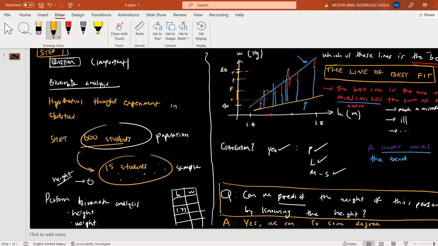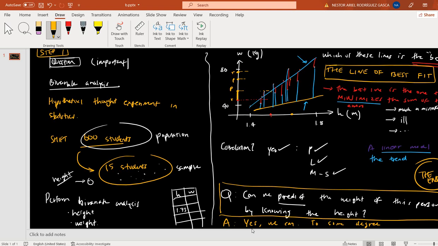For other experiments, these two variables are going to be different, but for this particular one, the line of best fit is the line that predicts with less error the weights of these people if I know their heights only. That's it. I just want you to understand conceptually what the question is: can we predict the weight of a person outside the sample by knowing the height?